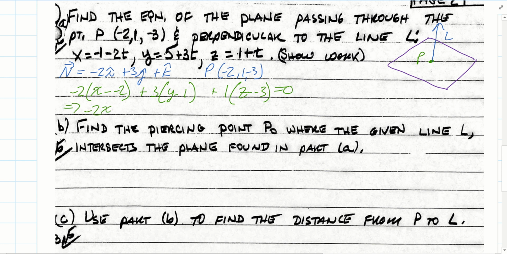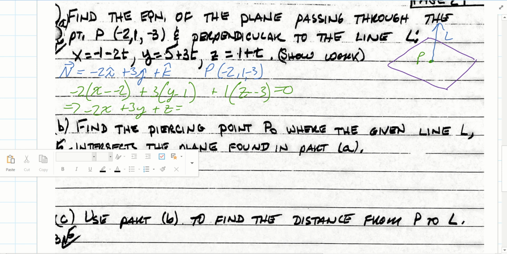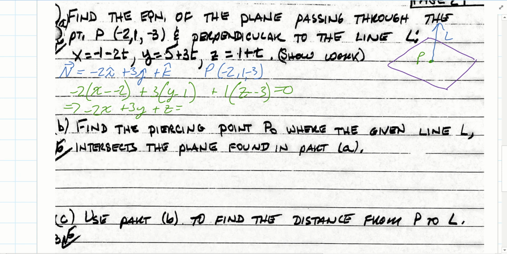Simplify that down, negative 2x plus 3y plus z, and that will equal 4 minus 3 plus 3, so it just should equal 4. And then we can go ahead and pull out the negative out front, so it'd be 2x minus 3y minus z equals negative 4. That is the equation of our plane.